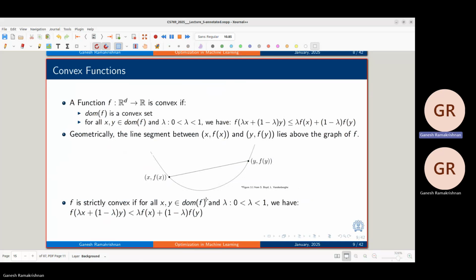And that's where the connection with sets comes in, right? In convex sets, we said, take 2 points, and the line segment joining them will lie inside. Now we are saying the graph should lie below. So in some sense, we are hinting at the fact that the region below is a convex set. But we'll come to that later on.